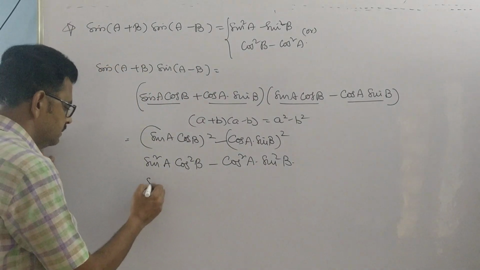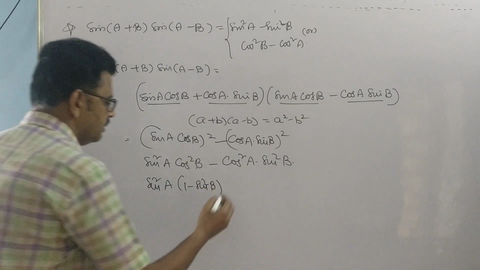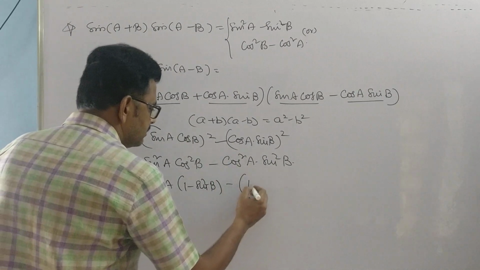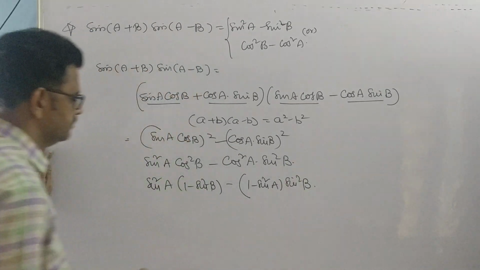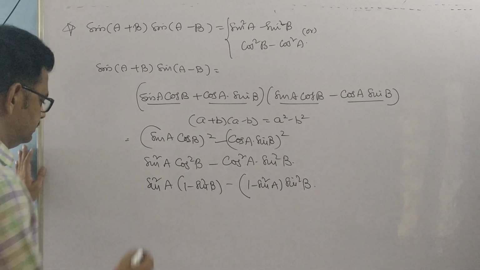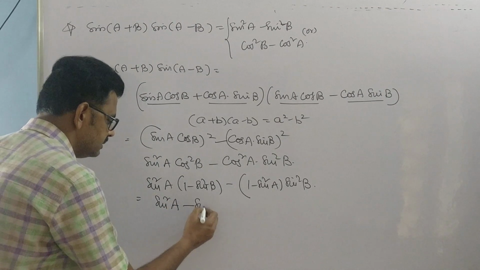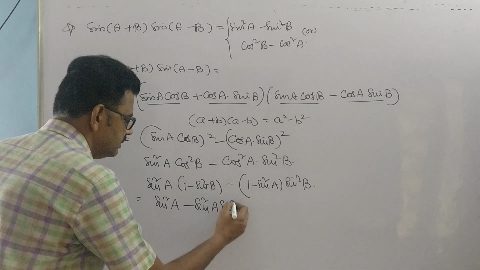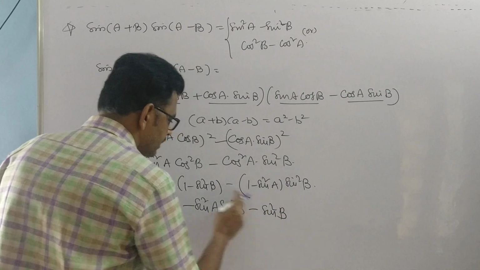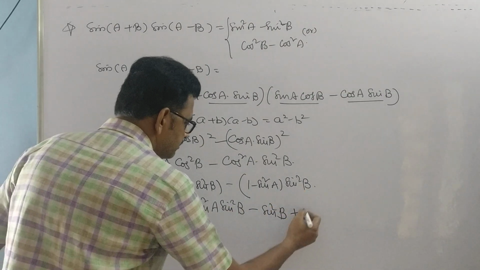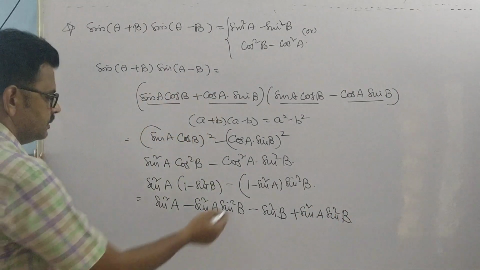So this is sine square A into 1 minus sine square B minus of, this is 1 minus sine square A into sine square B. This is equal to sine square A minus sine square A into sine square B minus 1 into this sine square B minus into minus plus into this plus sine square A into sine square B. So here these two gets cancelled.